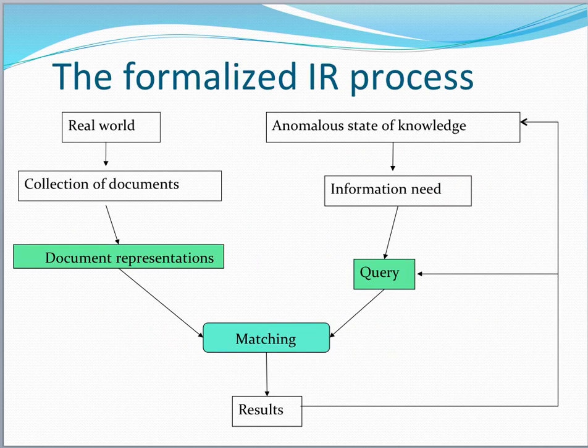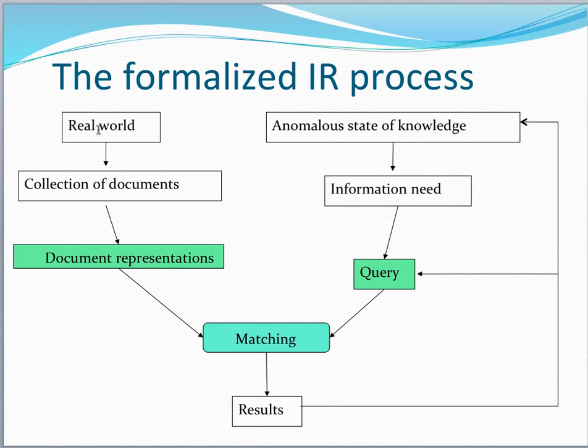Okay, the formalized IR process. Okay, here again it is the same thing. It may look a little bit different, but we're talking about the same thing. This is another model here, and we have documents that describe events from the real world. They are holders of information.